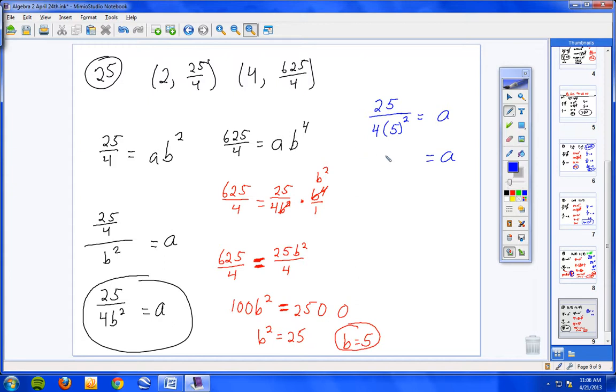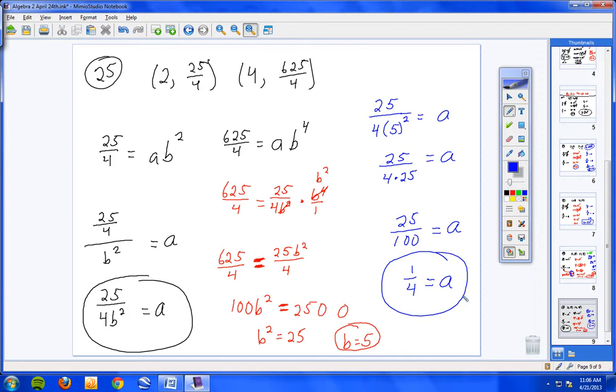In the bottom of your fraction here, you do not multiply 4 times 5 first, you do your powers first. So in the bottom here, you really have 4 times 25, because 5 times 5 is 25. And then we would have 25 over 100, because 4 times 25 is 100, and now if you reduce that fraction, you get 1/4 equals a.